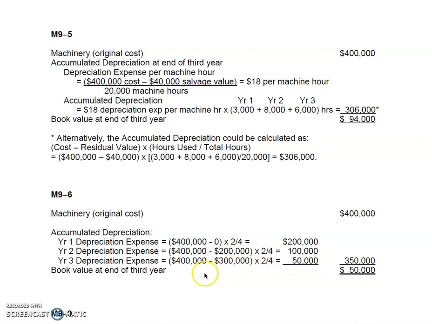So year 4, that's the last year of the asset's useful life. We have $40,000 for residual value, so we would only take $10,000, $50,000 minus the $40,000 residual value in depreciation in year 4. Not part of the question, but something you need to keep in mind.